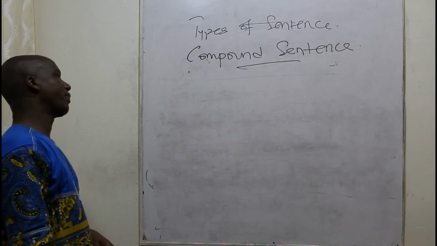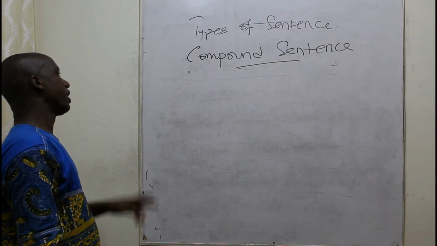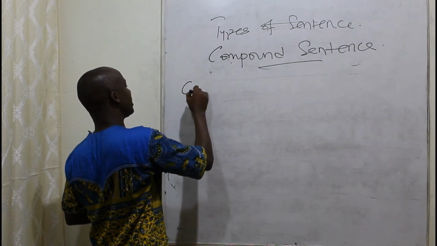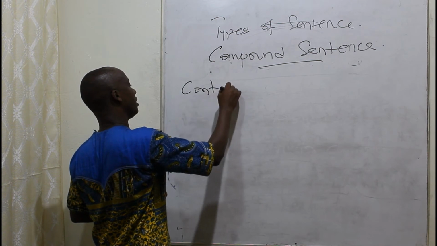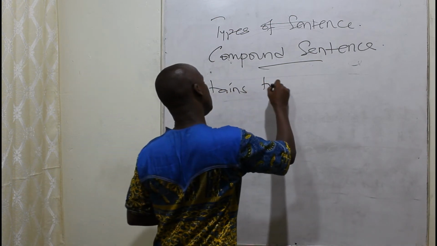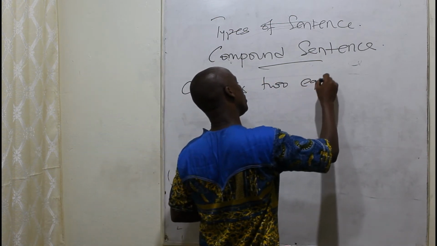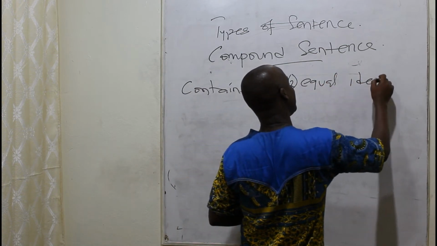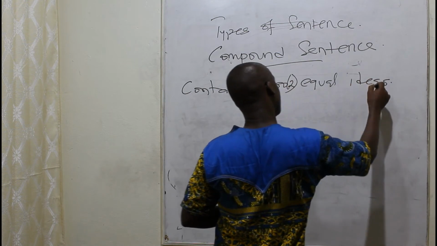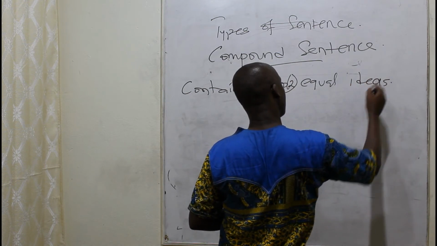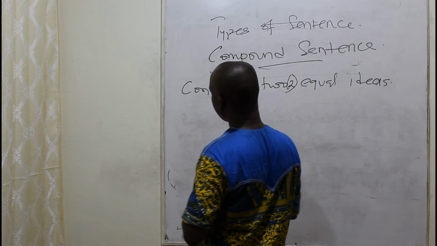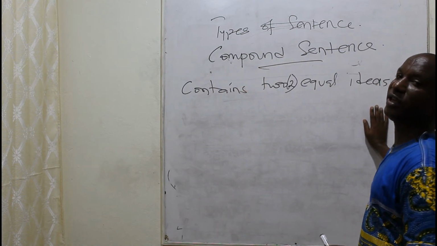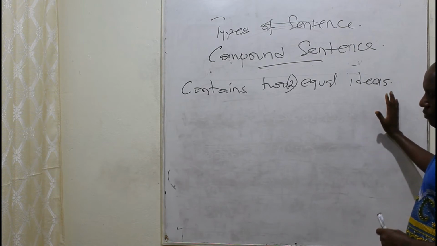A compound sentence contains two equal ideas, meaning the ideas in the said sentences are the same.